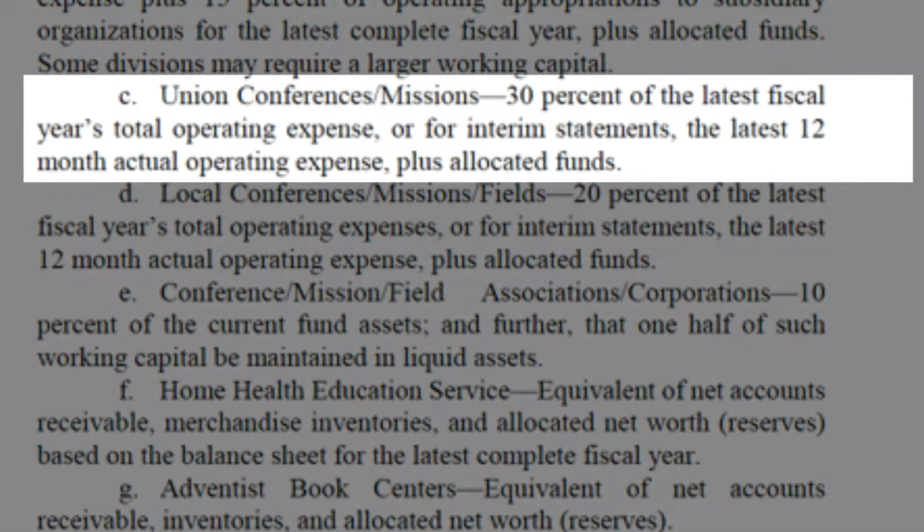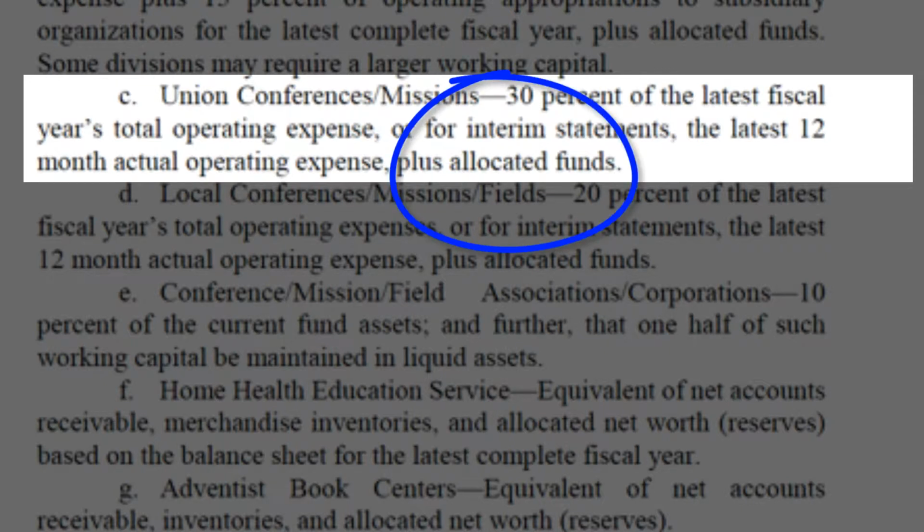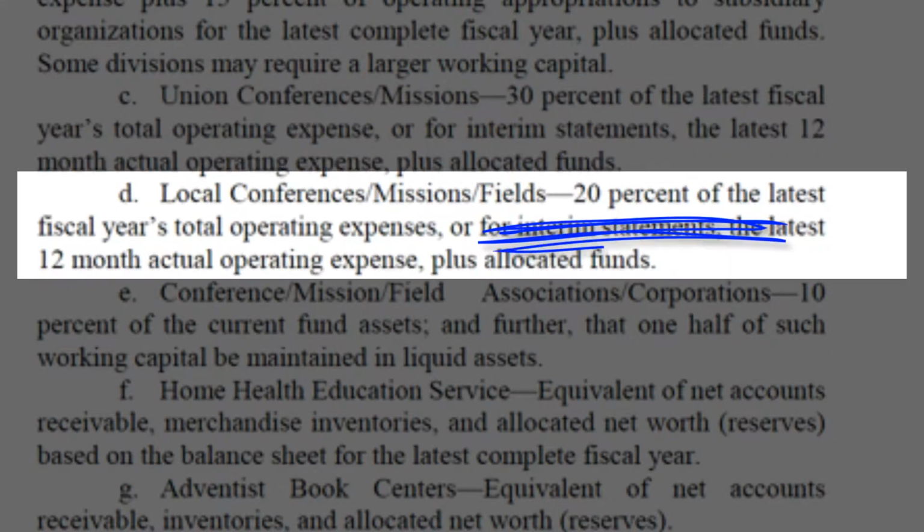The union needs to keep 30% of its latest fiscal year's operating expenses, or for interim statements, the latest 12 months operating expenses. That's sort of policy gobbledygook. If they just said 12 months, the last 12 months actual operating expenses, they would be the same difference. Okay. But in any case, the union has to keep 30% plus its allocated funds. Conferences keep 20% plus its allocated funds.